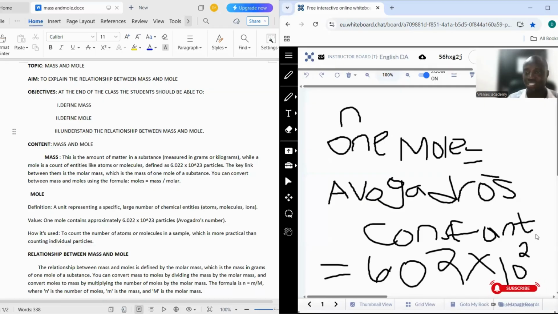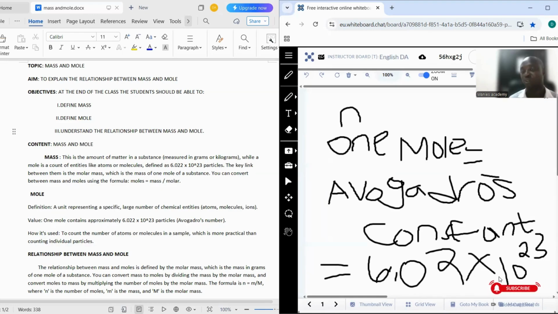So 1 mole is equal to the Avogadro's constant, and the numerical value of this Avogadro's constant is 6.02 times 10 raised to the power of 23 particles. That means 1 mole of any substance will contain the Avogadro's constant, which is equal to 6.02 times 10 raised to the power of 23 particles.